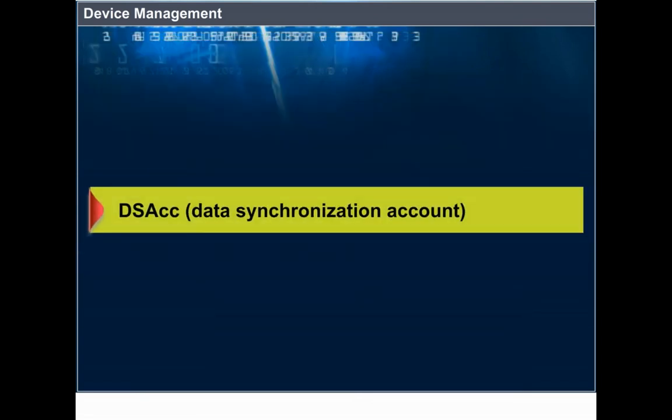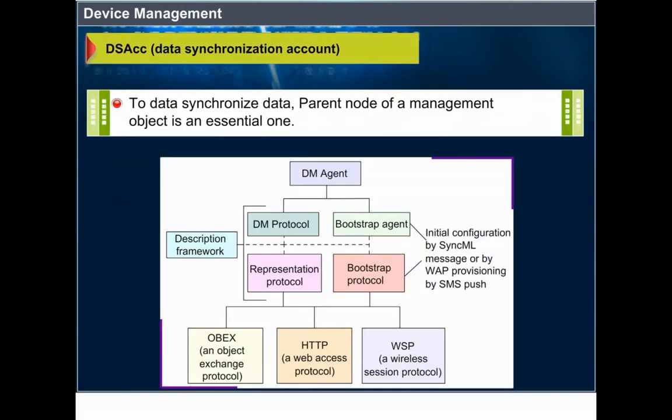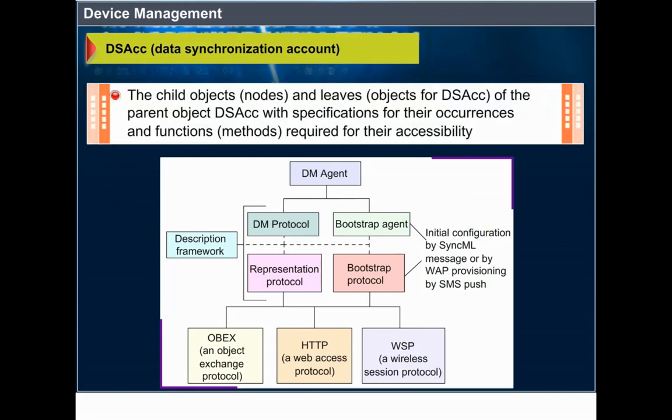DSA-CC, Data Synchronization Account, is the parent node of a management object for data synchronization. The child object nodes and leaf objects for DSA-CC have specifications for their occurrences and the functions and methods required for their accessibility. Figure shows the SyncML DM stack.